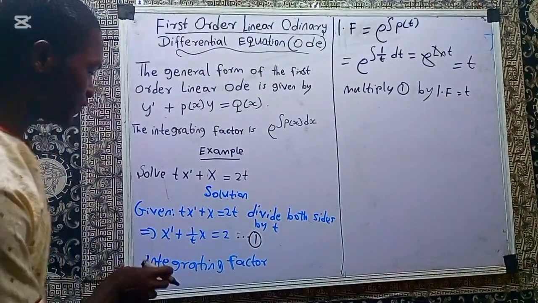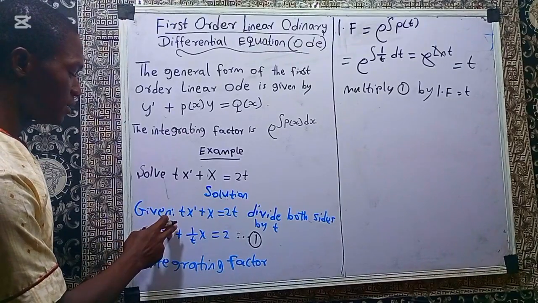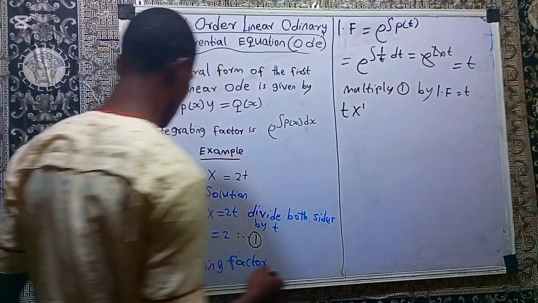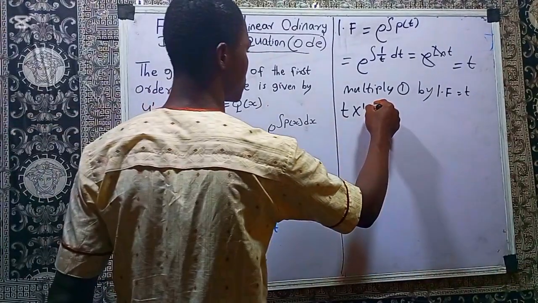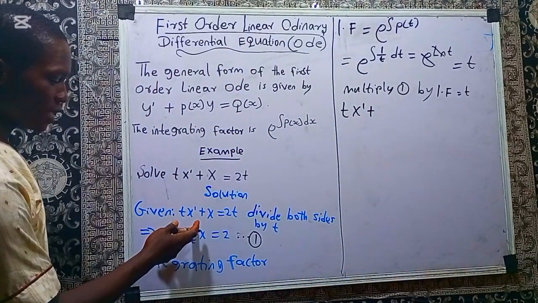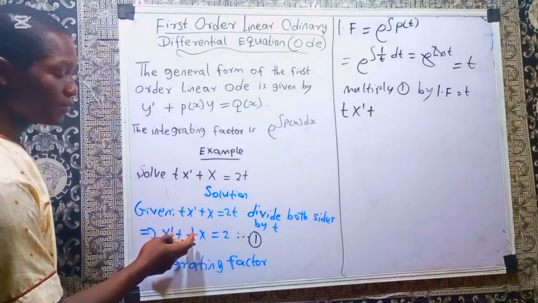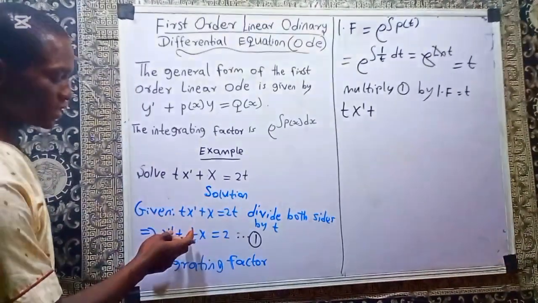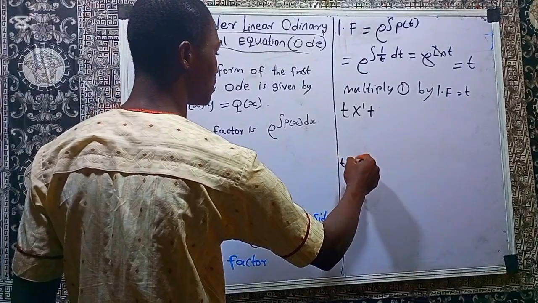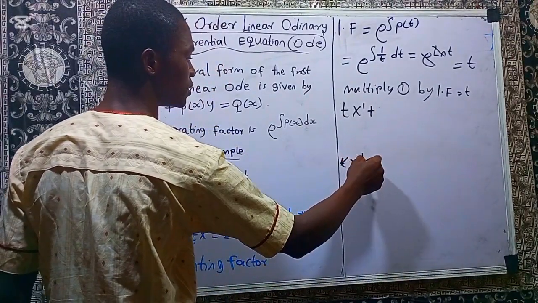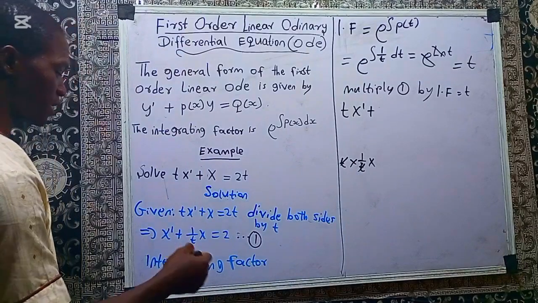So if you come here, multiply x prime by t, you have t x prime, plus, multiply 1 over t x by t. What will happen? t and t will get cancelled, remaining your x.